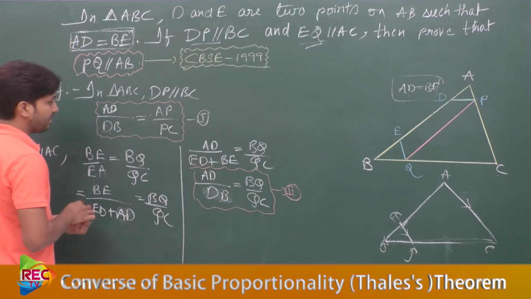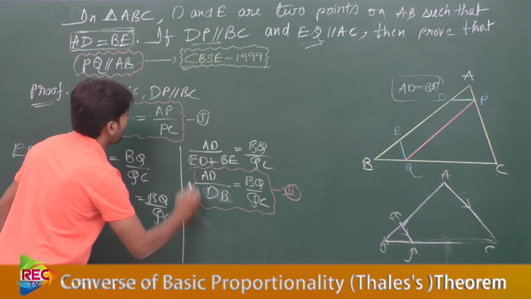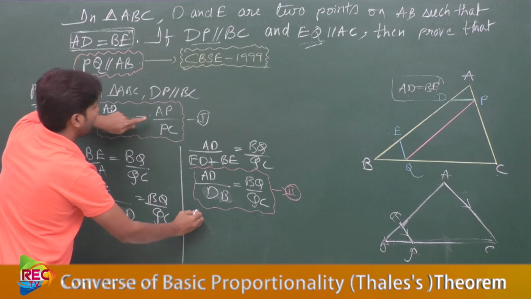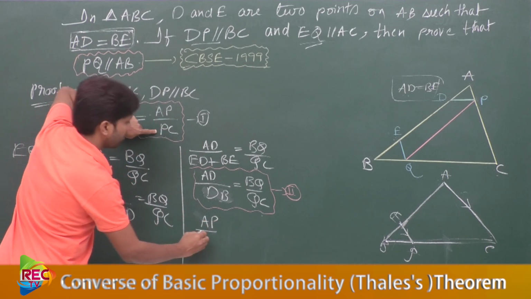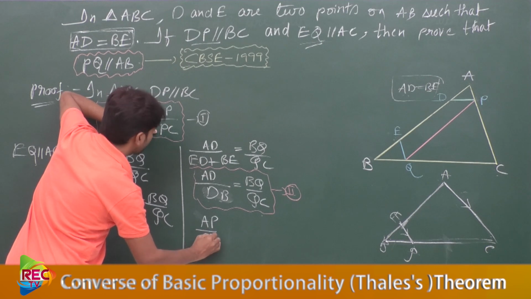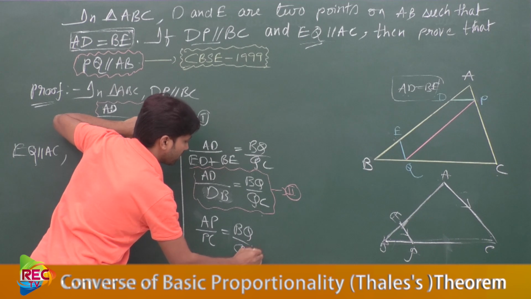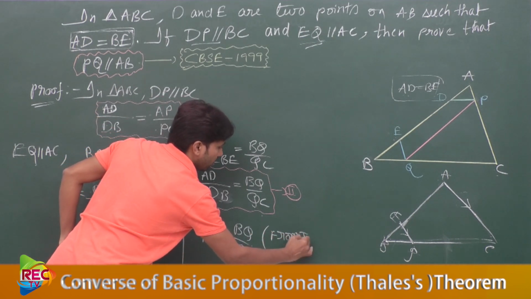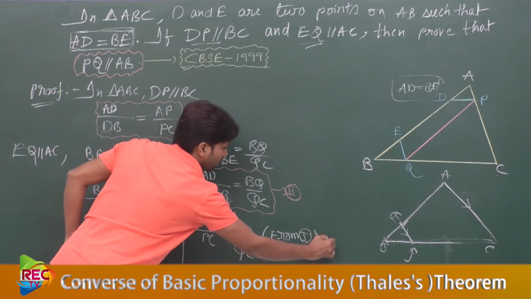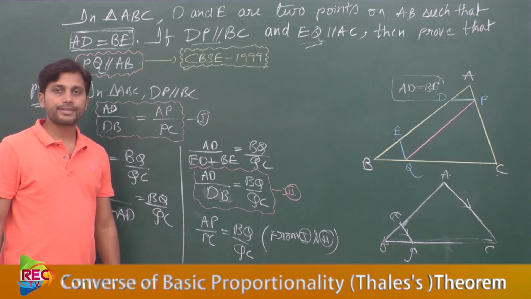So what can we say here? These two are also equal. From this, AP by PC equal to BQ by QC. This is from 1 and 2. Okay, from 1 and 2 we got it.